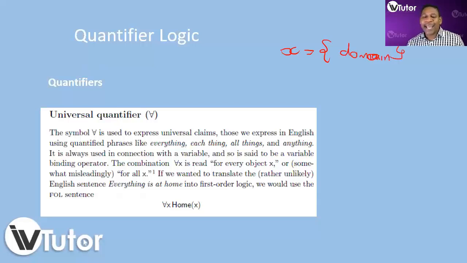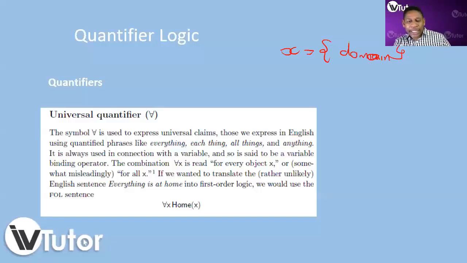So a quantifier acts on the domain. The one that we have in front of us is called a universal quantifier. It says that, for every element under this domain, this holds.